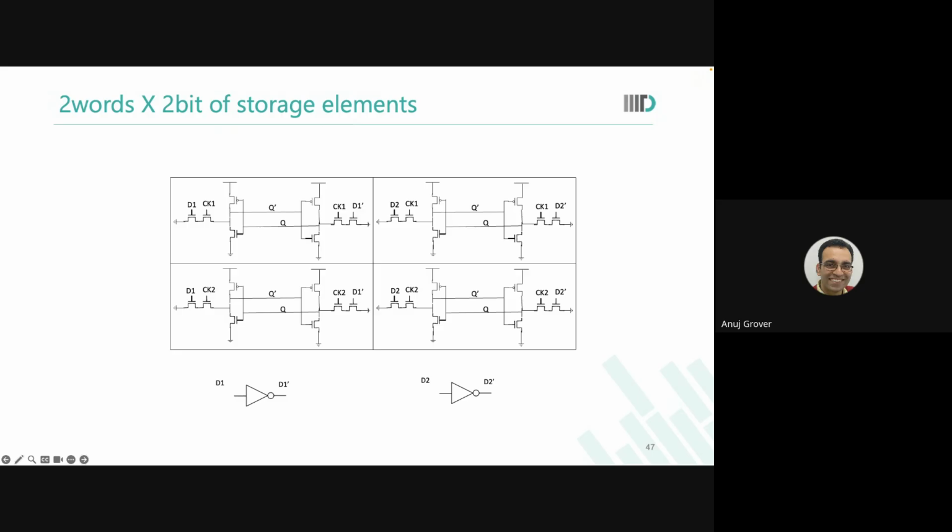So now look at it. Over here, we have this D1 driving this particular node to ground. And this CK1 is constant across a row, and this D1 transistor is constant across this particular column. This D1 bar is constant across this particular column. You able to see the mouse there? Yes, you are.